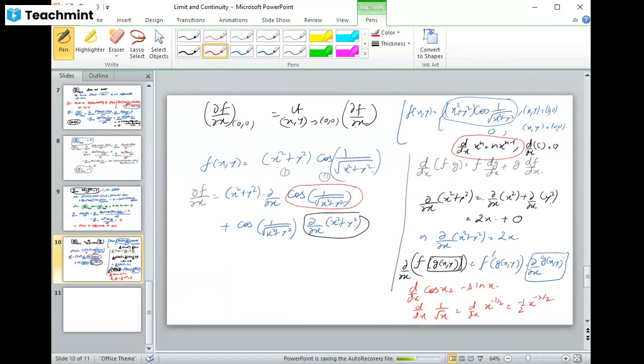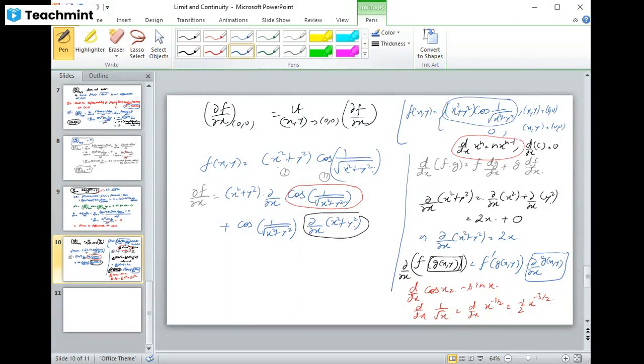So basically here, cos is again a composition of the function, and this is again a composition of the function. 1 upon square root of x square plus y square means f is 1 upon square root of x, and g of xy is x square plus y square. Okay. So we are going to use these two formulas here.